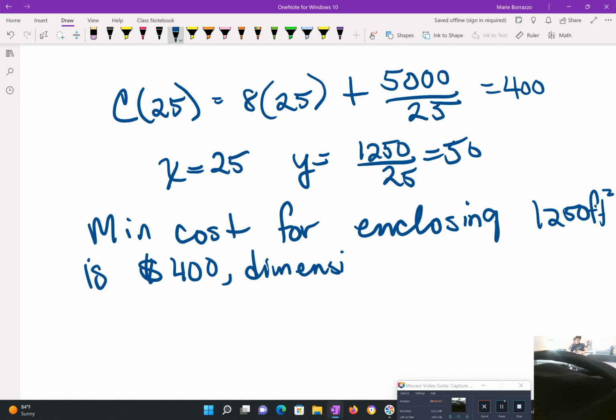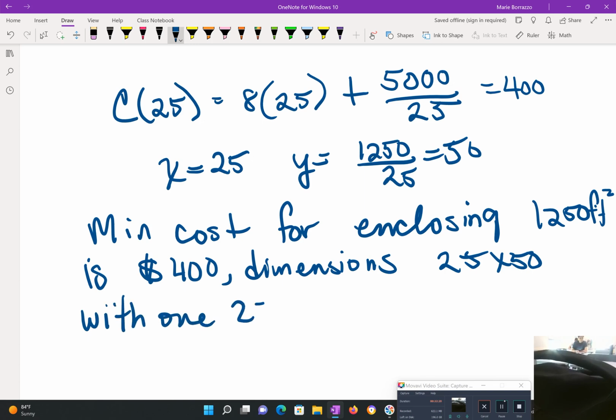Let's go. Dimensions 25 by 50, with one 25-foot side.